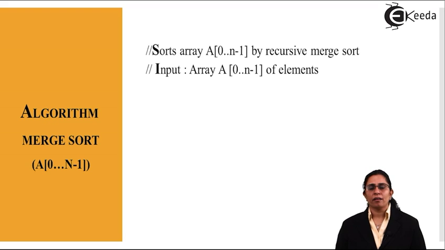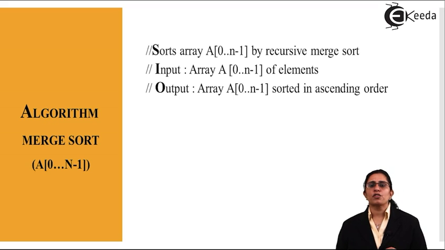Input is the elements in the array A, which is of the size n, and the input list is taken from the user. The output is array A of the size 0 to n-1, sorted in ascending order. Here we are taking an example of sorting the list in ascending order.